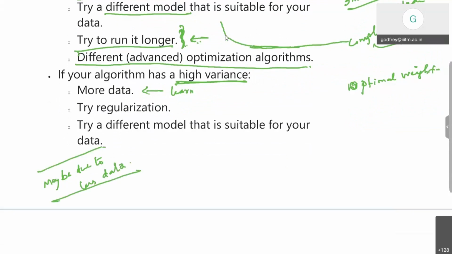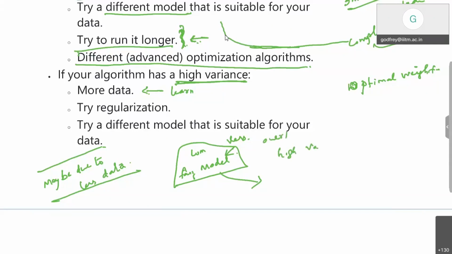Say you have a fairly complex model and very little data. Then this fairly complex model can easily learn the pattern that is there in the data, and this may result in overfitting, and due to overfitting you have high variance.